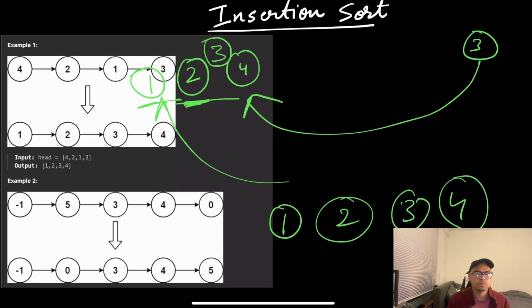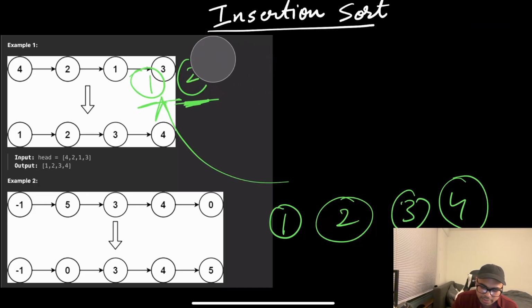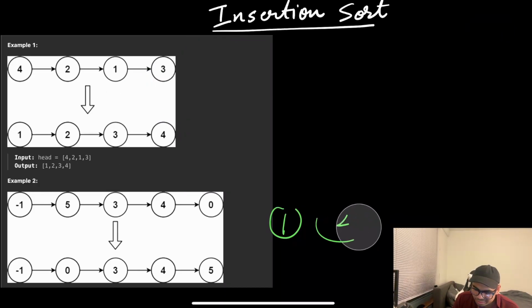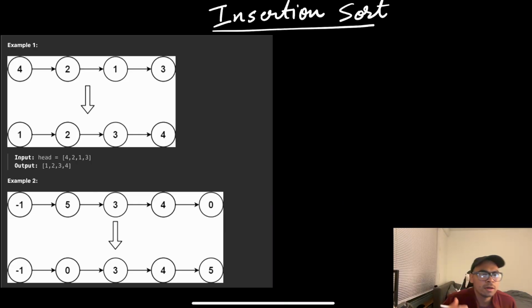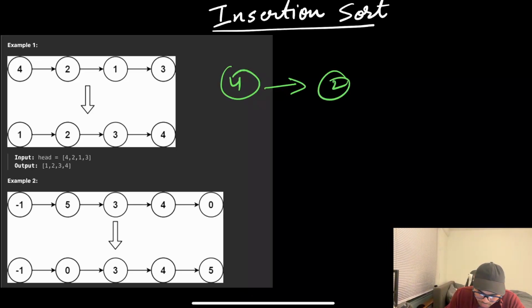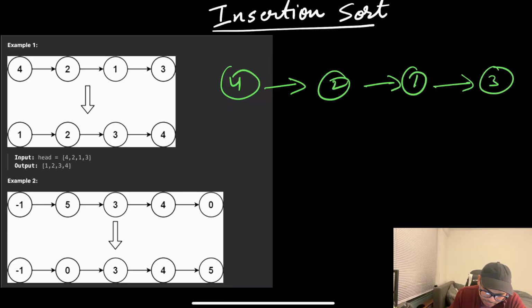Well, that was just to understand insertion sort, but that's not how we're going to do it with the linked list. We will do it a little differently so that we can play around with the pointers perfectly. Initially, we're going to have a dummy pointer, which will point to our head.